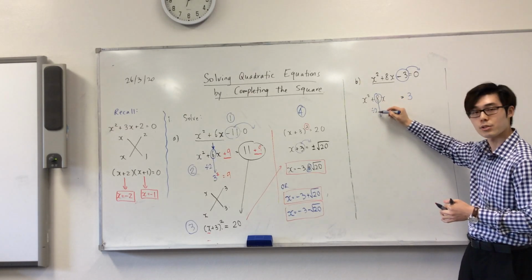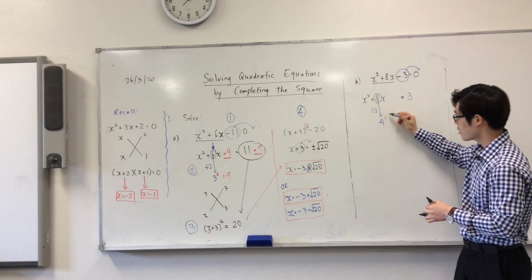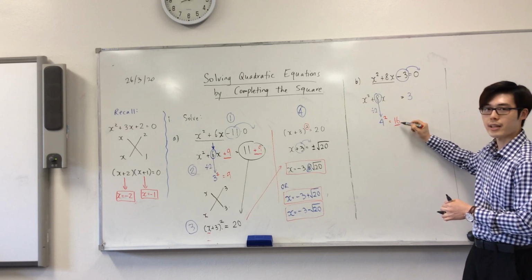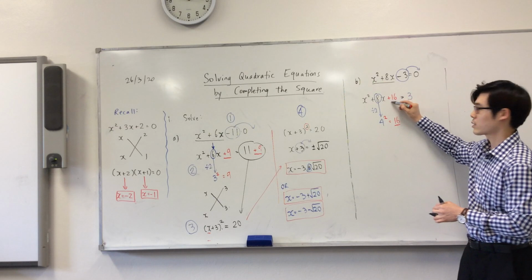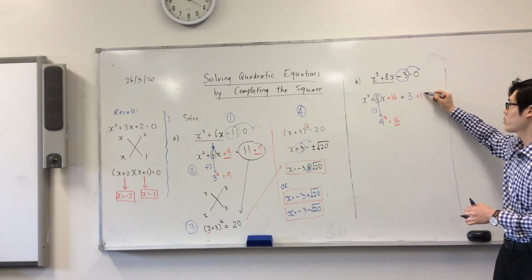So 8 divided by 2 is 4. And then I square it, which is 16. This is a number that you always have to plus, not minus. It's always plus next to it. If you did it here, you have to do it to the other side as well, remember, to balance it out.